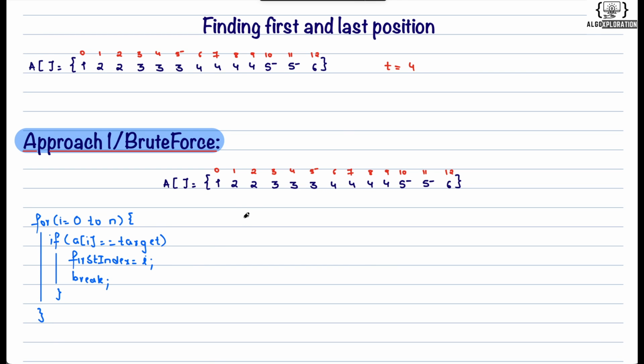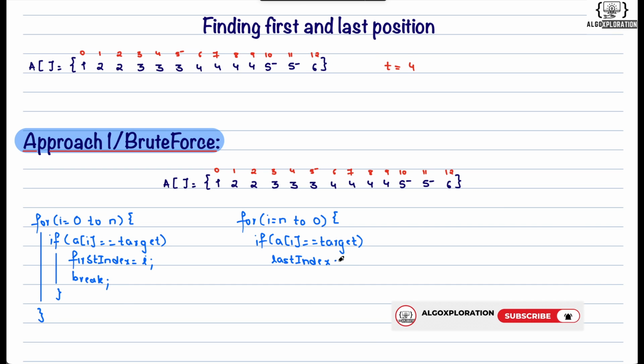Now again we will apply the second for loop, in which i will be coming from n and it will go till i is greater than or equal to 0. If a of i is equal to target, then the last index equals i, and then break from the for loop.